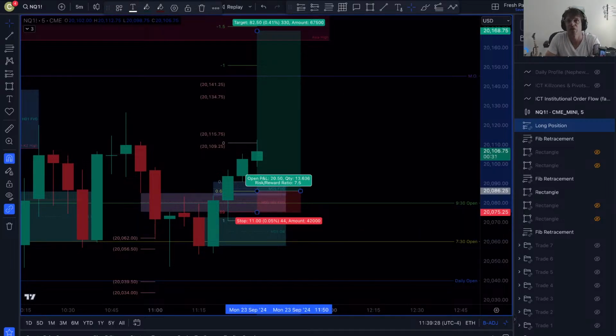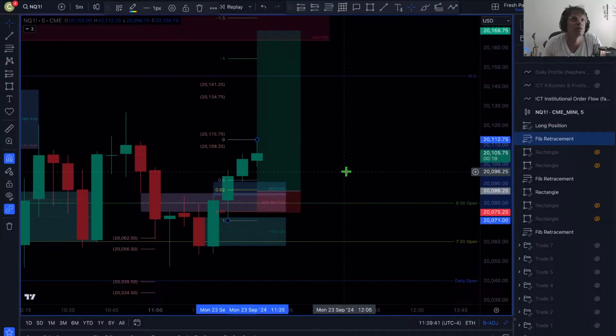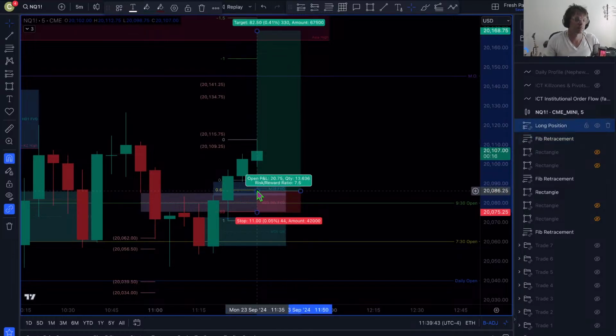$25.75, $25.25, and the entry is at $86.25. Actually, it's even higher now. Which again, I'm sort of liking this higher entry because $86.75. That gets us right off that fair value gap on the M5.